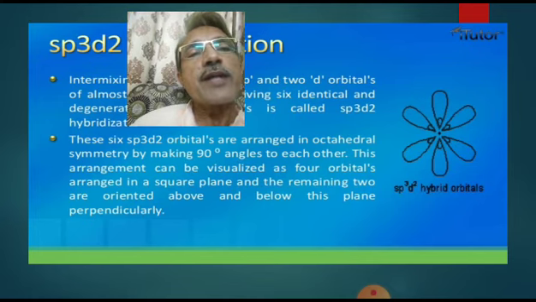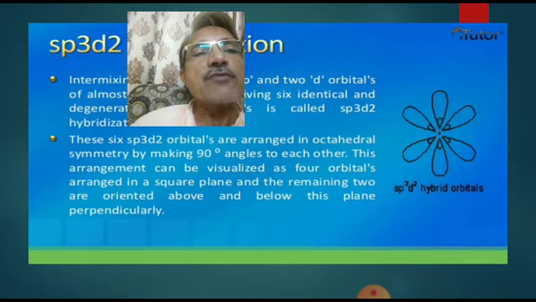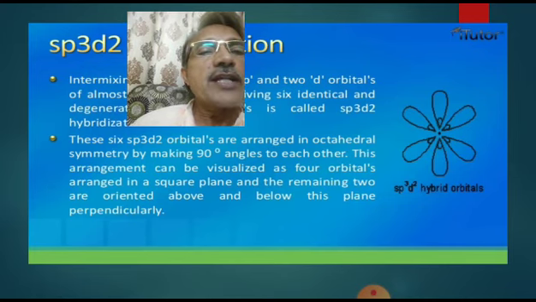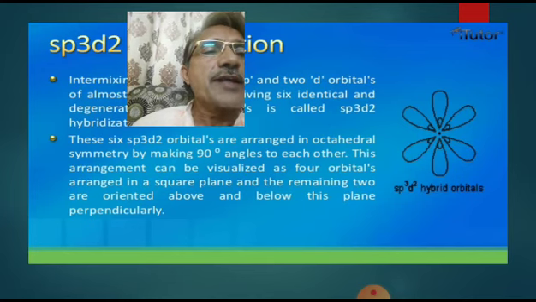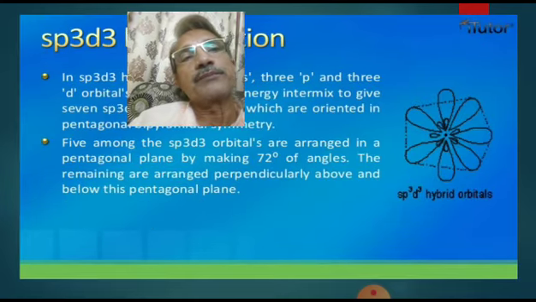This arrangement can be visualized as 4 orbitals arranged in a square plane and the remaining 2 oriented above and below this plane perpendicularly. Look at the formation of 6 identical sp3d2 hybrid orbitals.